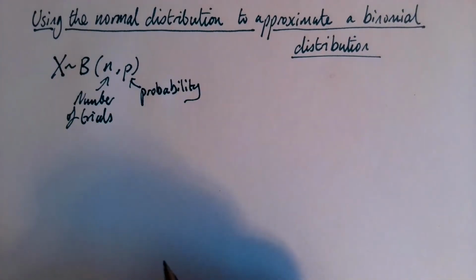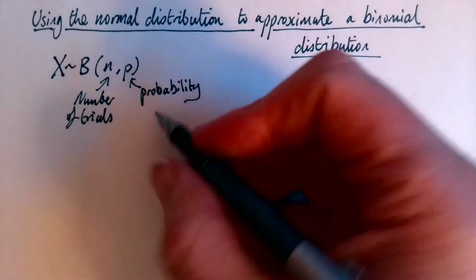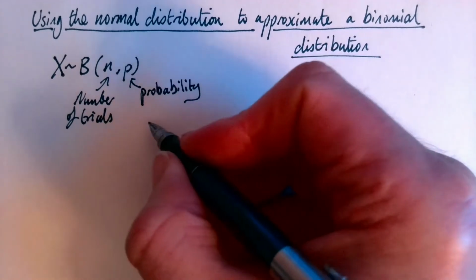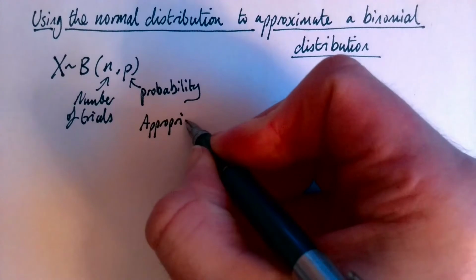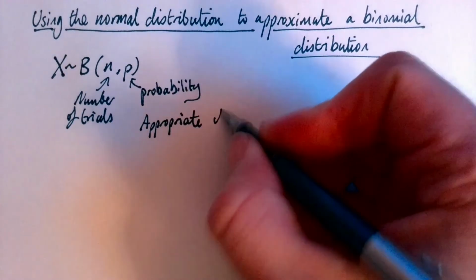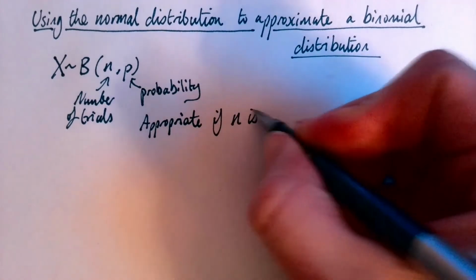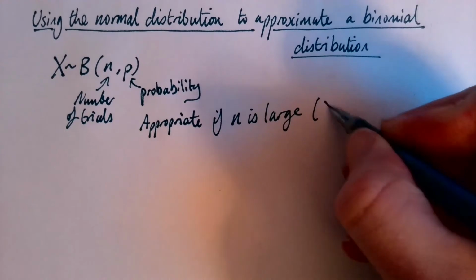Now, we can use the normal distribution to approximate if it's appropriate, if n is large, by which we mean bigger than 50.